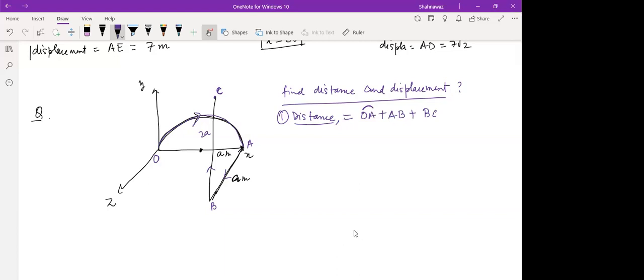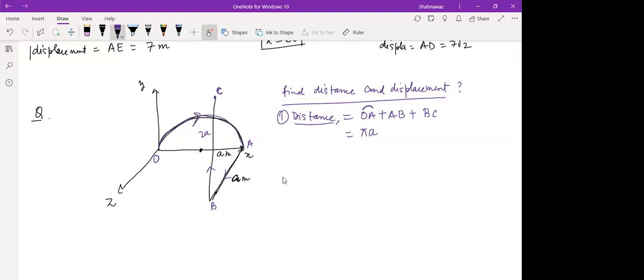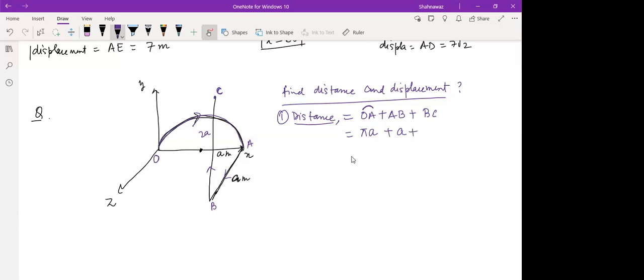Yes, sir. This OA arc is this semicircle, so the length of the semicircle is simply pi into A. Yes, sir. And AB length is A, and BC length is how much? 2A.